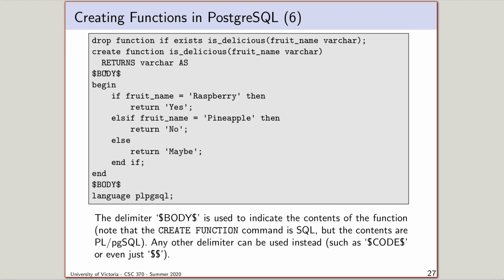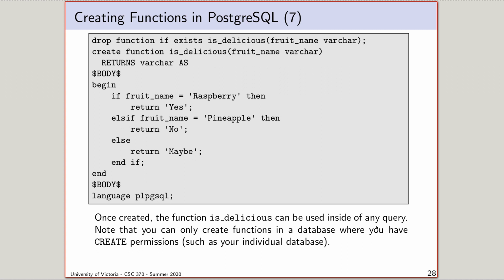Just to note, this marker has to be dollar signs with something between them. And when you repeat whatever you put at the top, that indicates the end of the function body. Because it's the function body, I write it as body, but you could just do code or something, as long as it's the same marker on the top and the bottom. Now that I've created the function, I can use it somewhere.